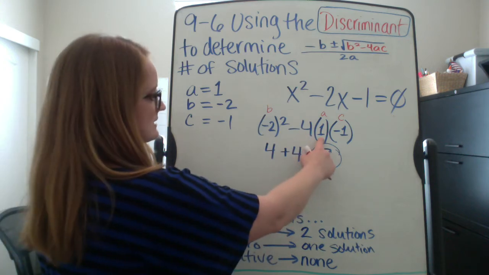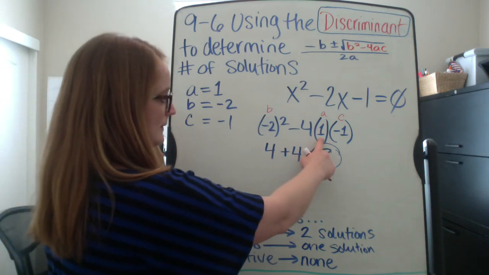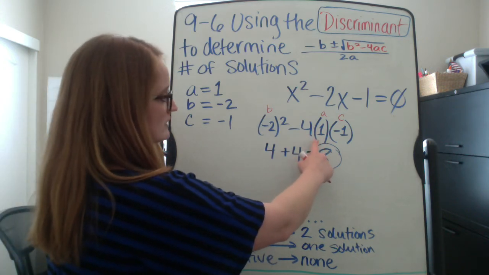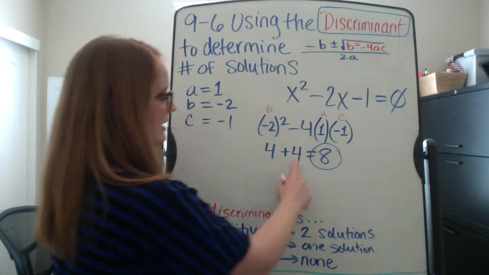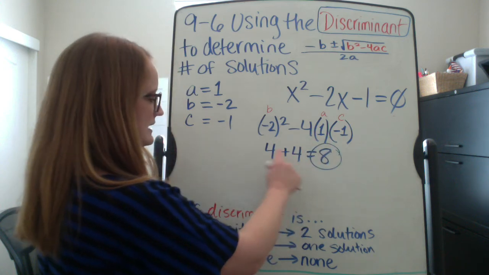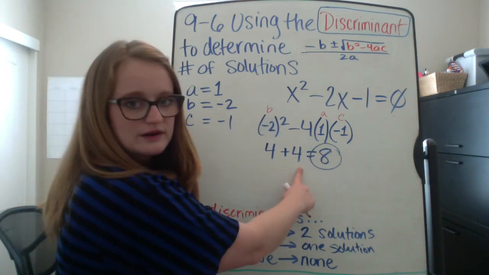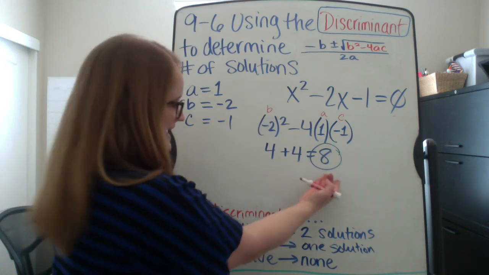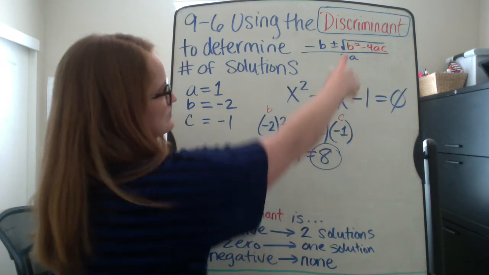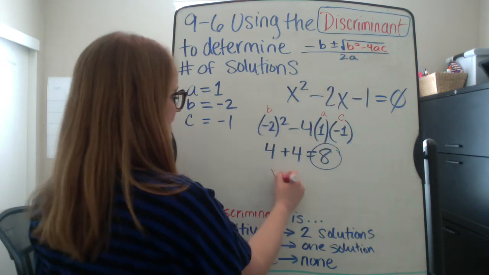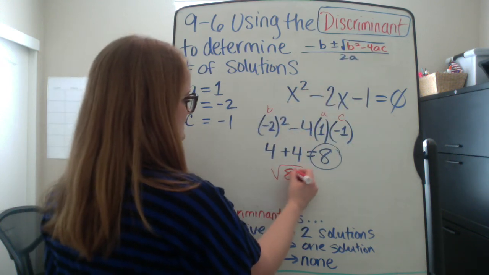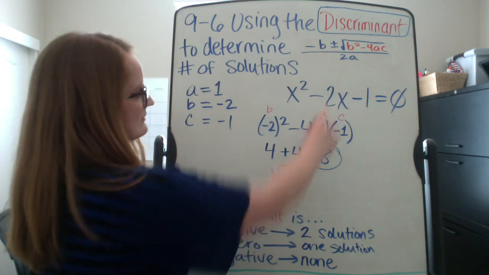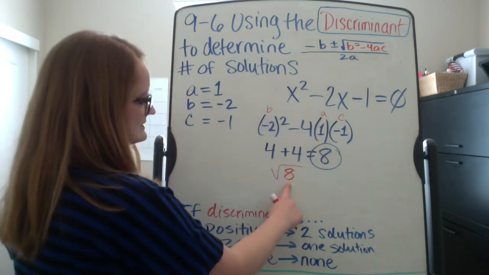So negative 4 times 1 is negative 4. And then negative 4 times negative 1 would be positive 4. So that's where I get this 4 plus 4. And 4 plus 4 is 8. What that means is we've simplified that discriminant, meaning everything in that square root is 8.